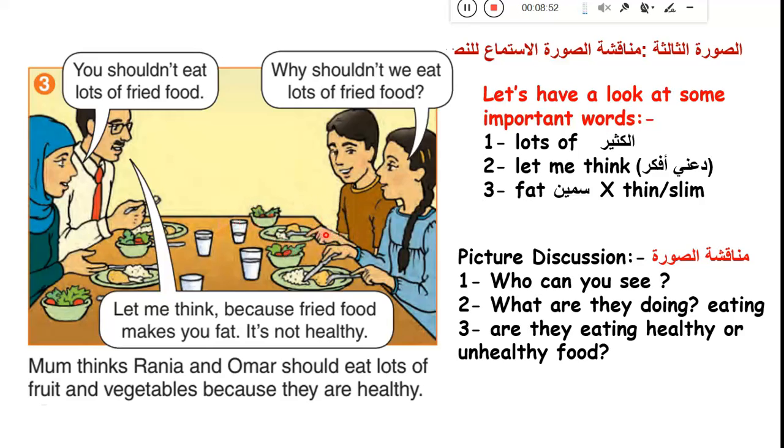How do we know? As you see here, we have some rice and chicken and salad and water. So they are eating healthy food. From the picture we can say that they are having or eating healthy food.